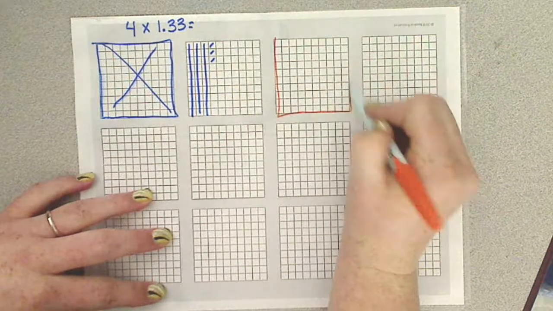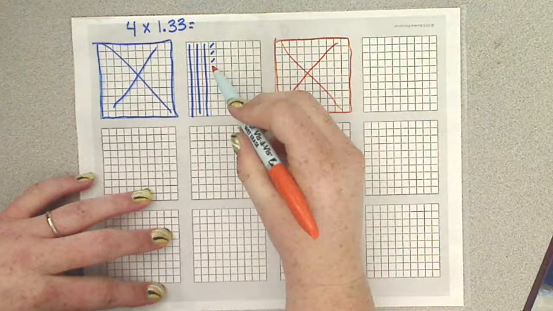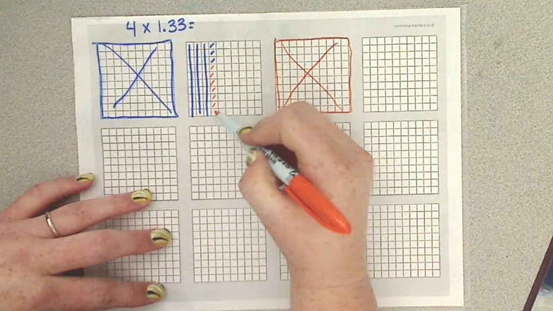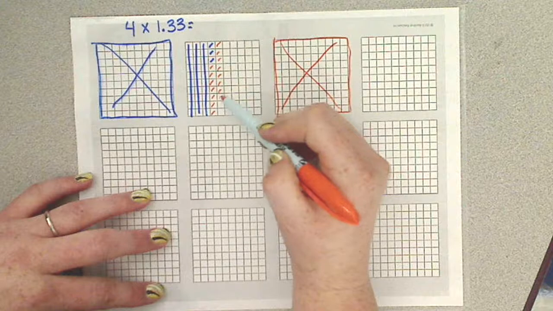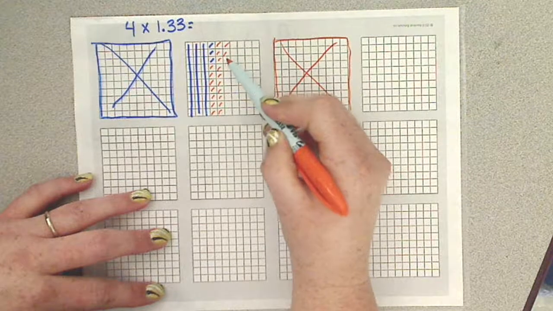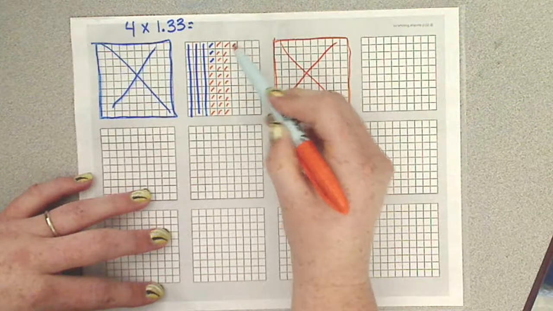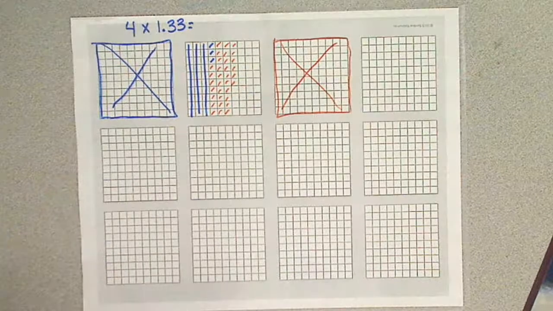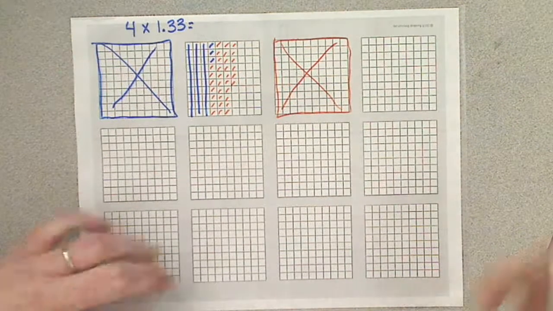There's 1 whole and 1, 2, 3, 4, 5, 6, 7, 8, 9, 10, 11, 12, 13, 14, 15, 16, 17, 18, 19, 20, 21, 22, 23, 24, 25, 26, 27, 28, 29, 30, 31, 32, 33. And then I need to do it a third time.